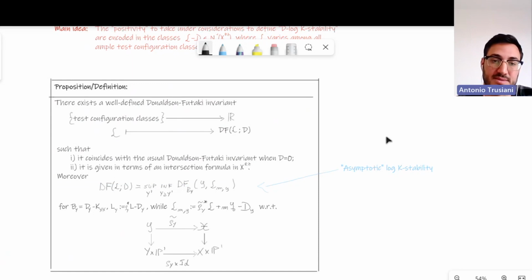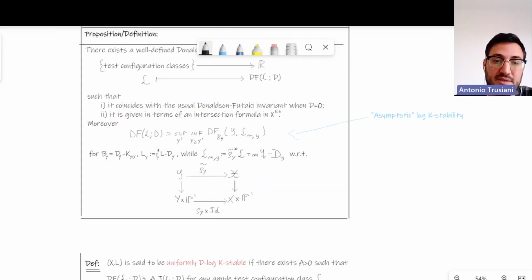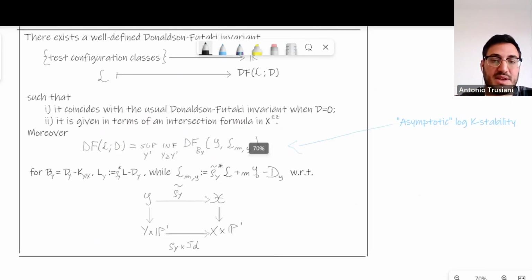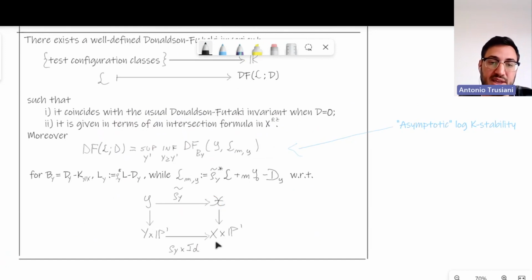asymptotic local stability. Indeed, if we have a test configuration of X cross P1, we can consider Y that dominates X cross P1, and we can complete this diagram to get a test configuration Y for Y cross P1. And what is the line bundle?